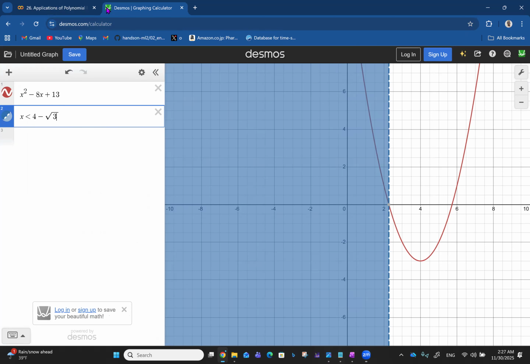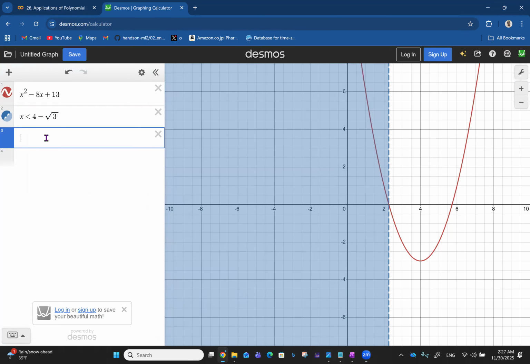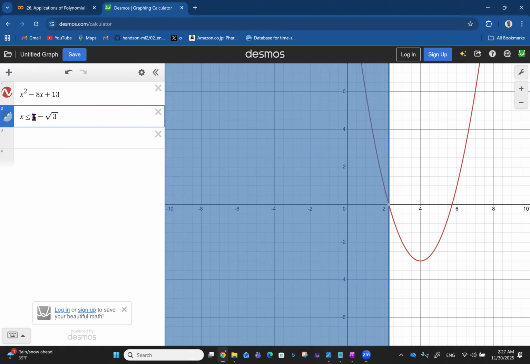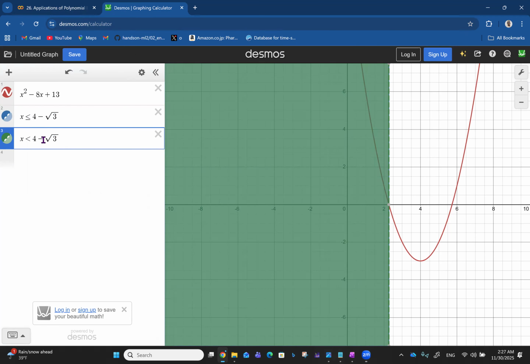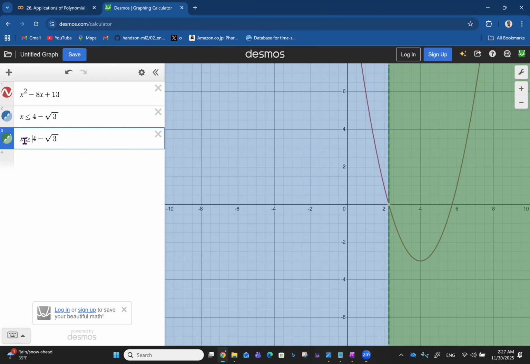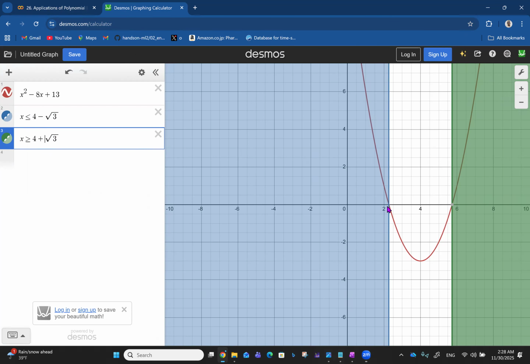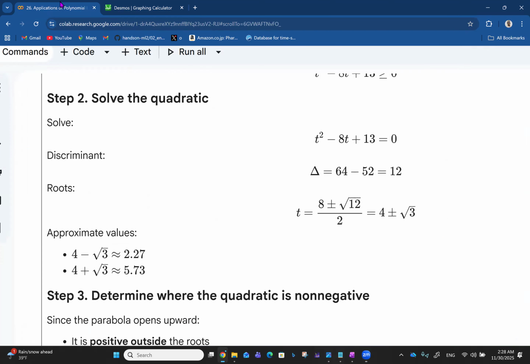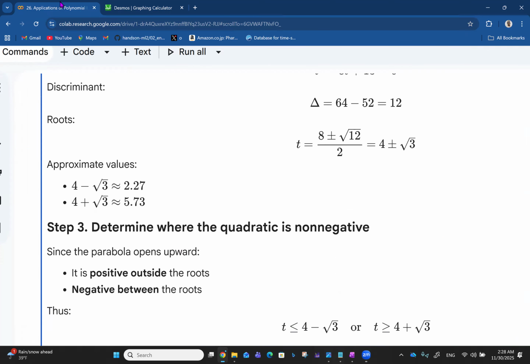And then we have x greater than or equal to 4 plus root 3. So this is the negative side. This function is only positive outside this range. And that is why the car is not safe in this range at all. If the car is in this range, it is in the danger zone and it shouldn't be there for too long. Okay.